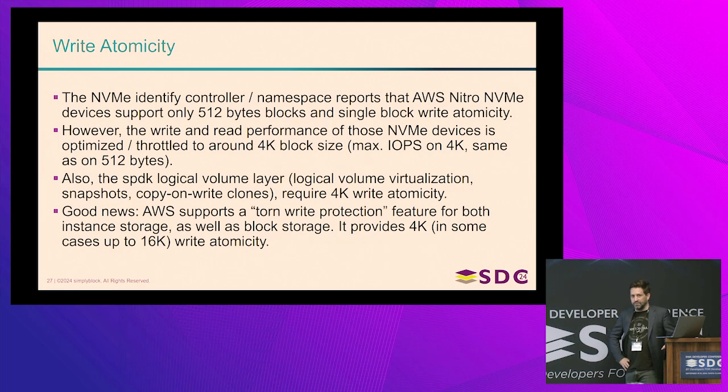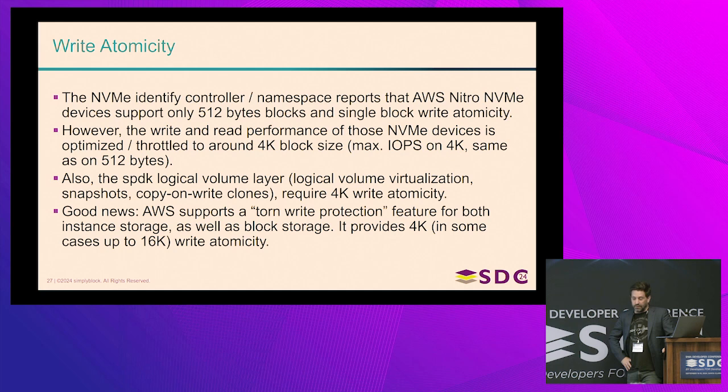Yeah, the next one, write atomicity. When you follow the NVMe standard and you query the disk, the Nitro, it will tell you it has 512 bytes block size. But then it has a write atomicity of 1, in the parameter, is it identify namespace or identify controller? I always mix them up, but anyways. You'll find out it's just 1, so that would be a problem because you don't have 4 kilobyte write atomicity.